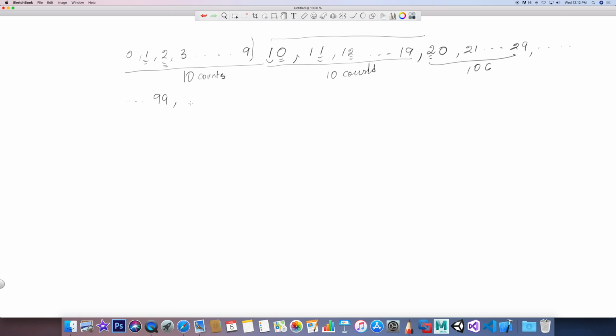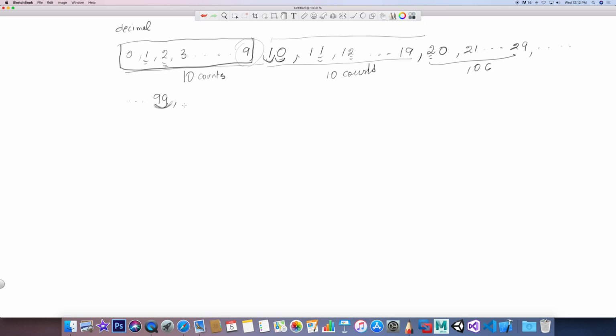Now, what happens after 99? Well, we've used up every possible value each digit can reach, because this is the baseline for each digit. And this is why it's called decimal, the base. Just like when we expired, we couldn't go beyond this. So what do we do? We add another digit, and we start again from here.